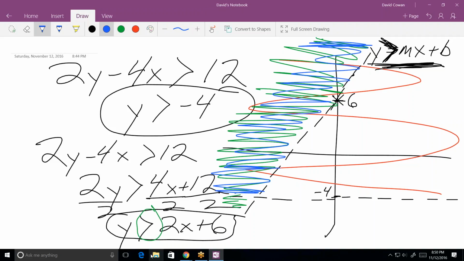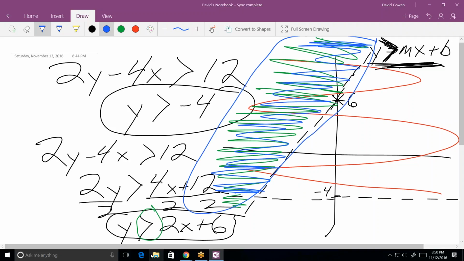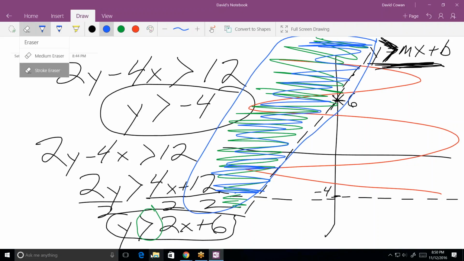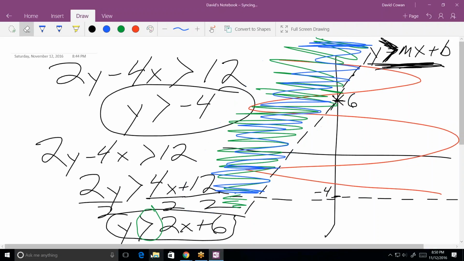So the solution set would lie in that area. And first of all, it's got to be greater than minus 4, so I didn't draw that quite correctly. Hold on, let me draw it a little bit better. The solution set is there.